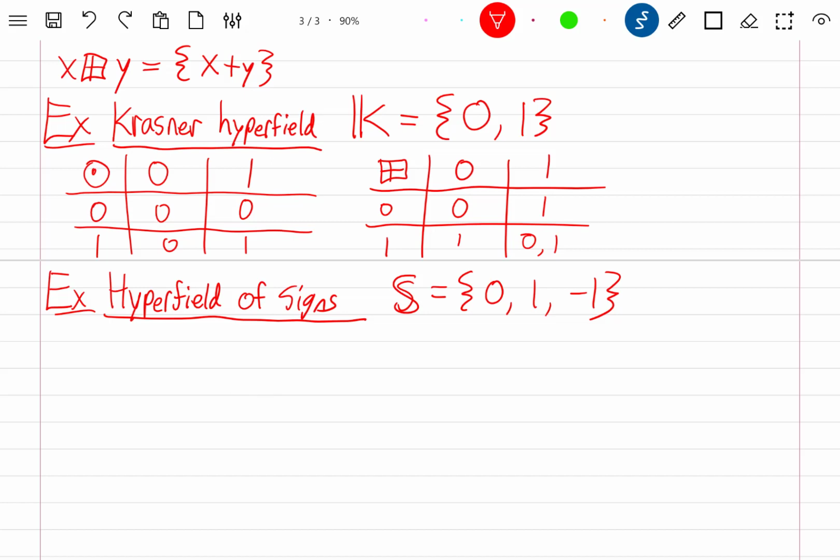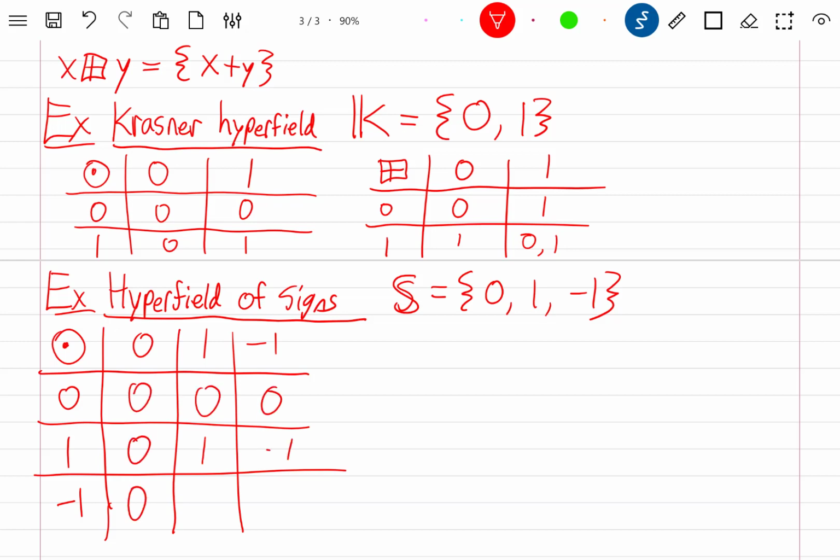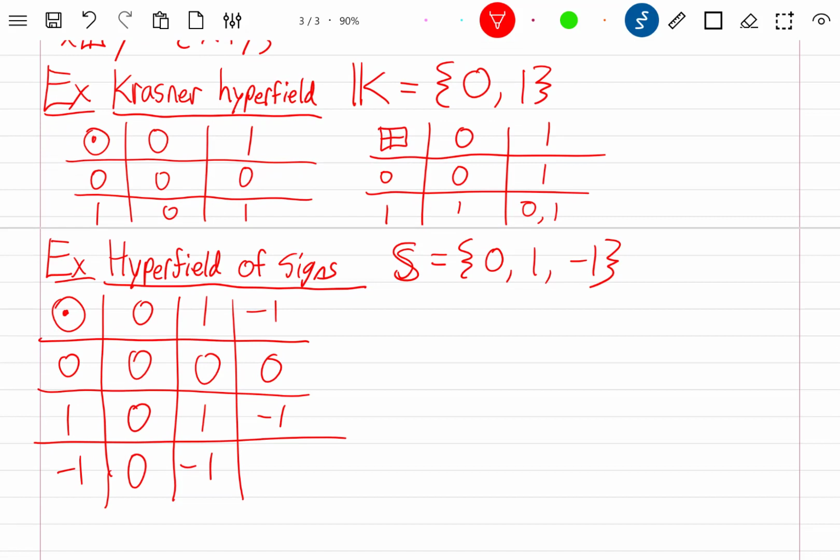So if we start building our multiplication tables, with 0, 1, minus 1, well, in some sense we're forced: 0 times anything has to be 0. 1 has to be a multiplicative identity.